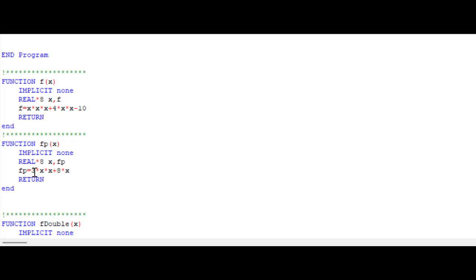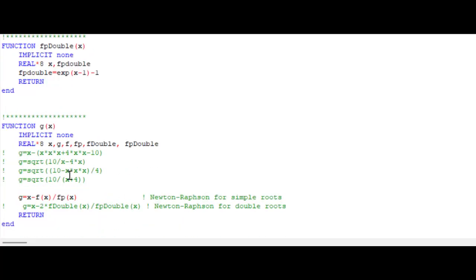Here in this case, the fp should be 3 times x plus 8 times x. And also, I need to compute the fixed point function, which is shown by g. You may easily change the g function, and you may try different functions. Here I have written 4 different g functions. Let's try the first one.